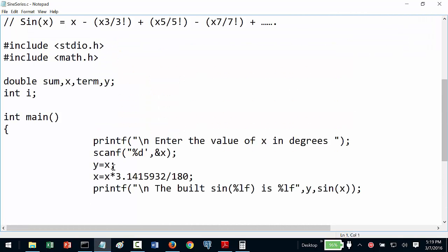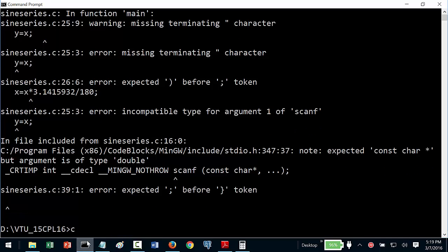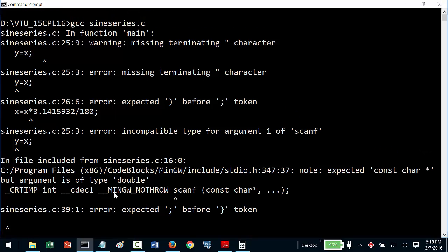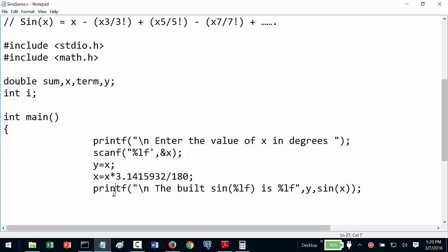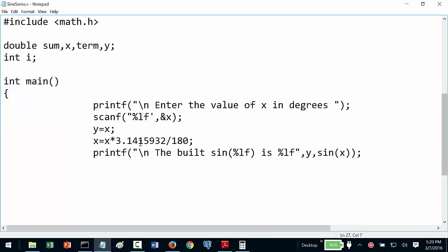So we had scanf. Oh, this is the problem. We're supposed to give LF, right? So that is one. That's not one error. So several errors. I'm just trying to debug it. So it says, okay, so we have and of x double sine of x. So here is the error. So let me save it first.